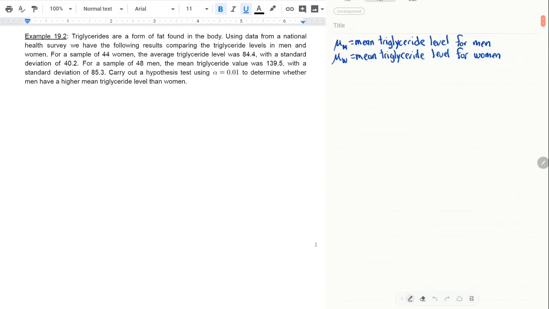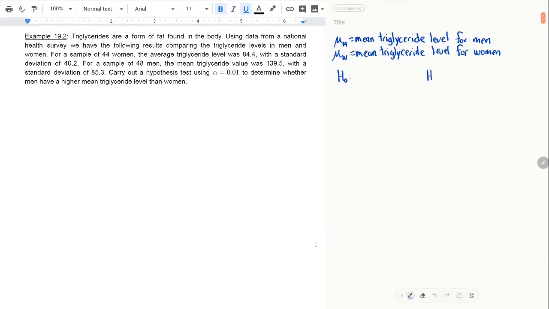Okay, so now let's have a look at writing down the hypotheses. Okay, so we have the null hypothesis and the alternative hypothesis.